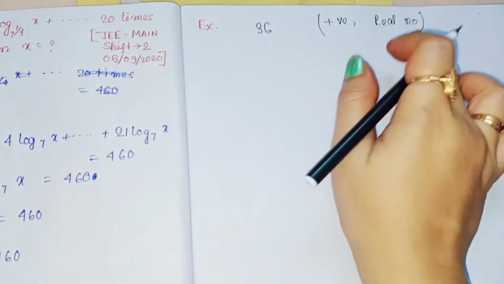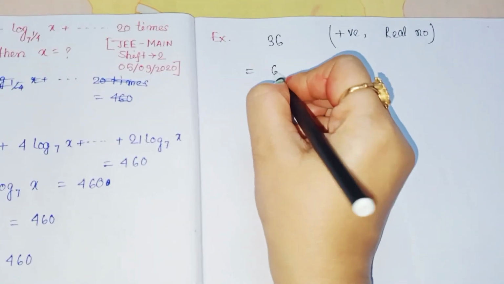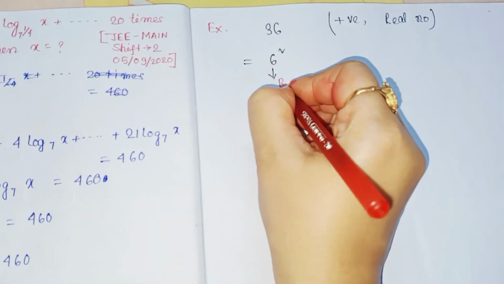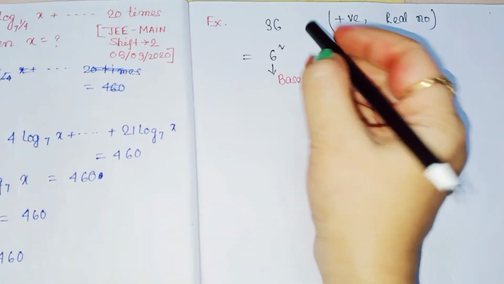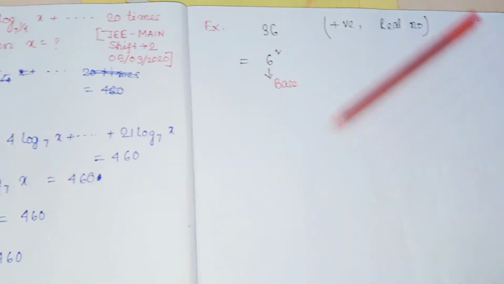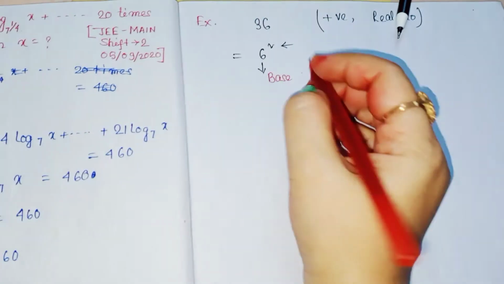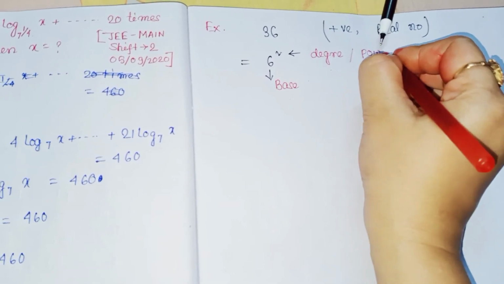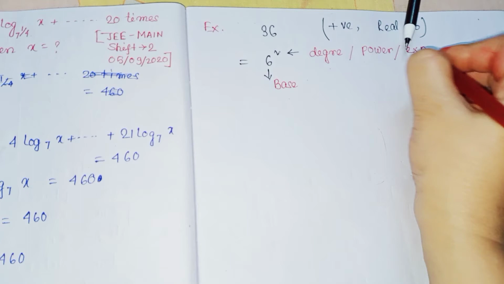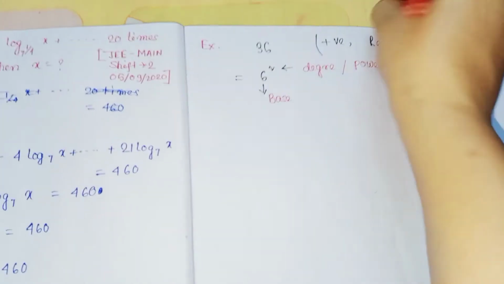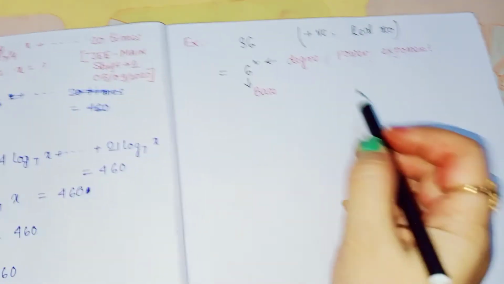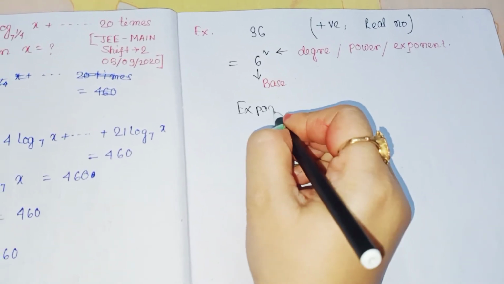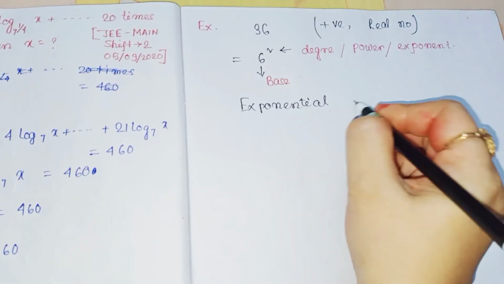Now we can write 36 as 6 square, where 6 is the base and 2 is the degree, or power, or exponent. This form is called exponential form.